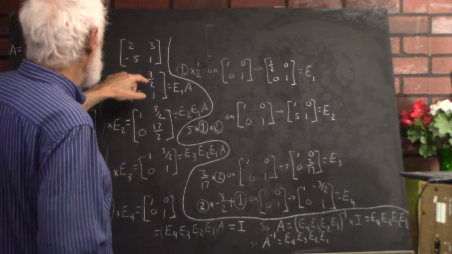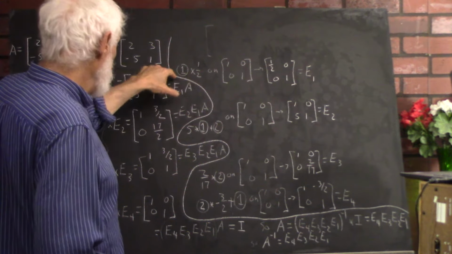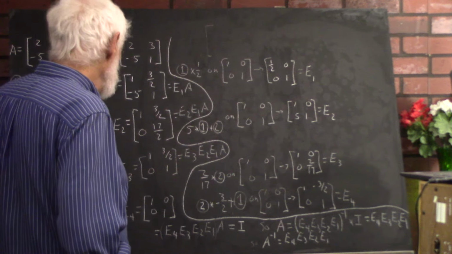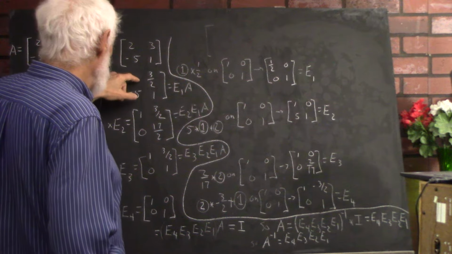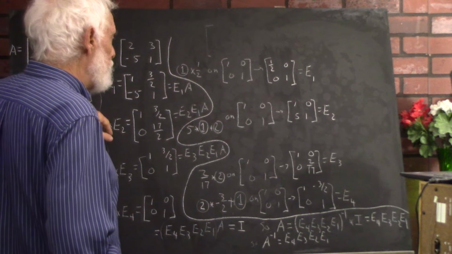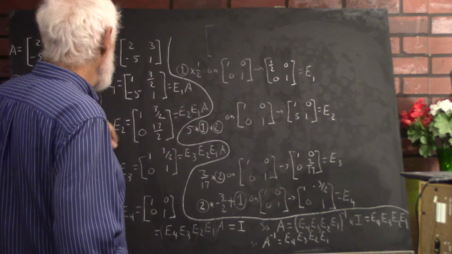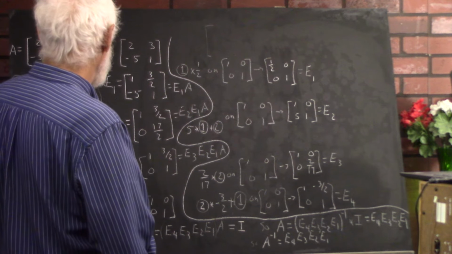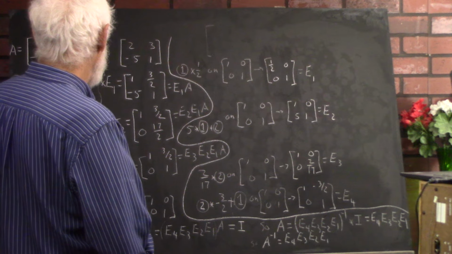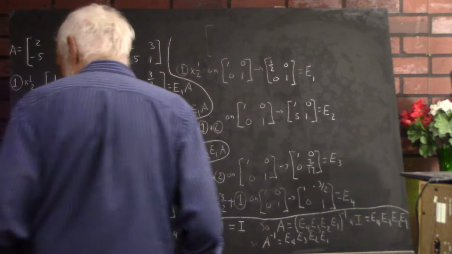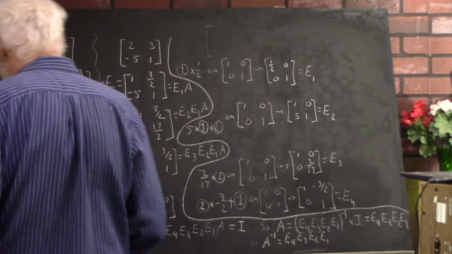And now we multiply the matrix that we got here, the E1A matrix, by E2. And you know, I wrote that wrong, and I'm going to fix that before we get confused.